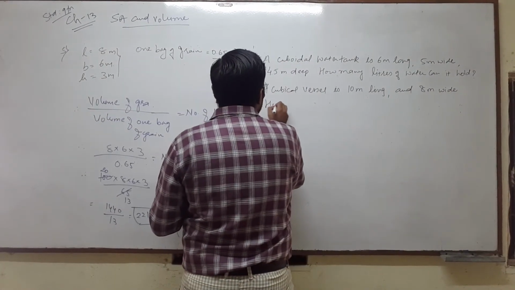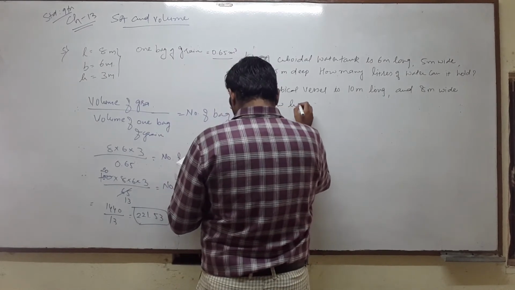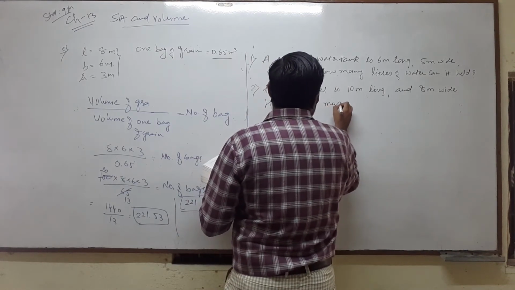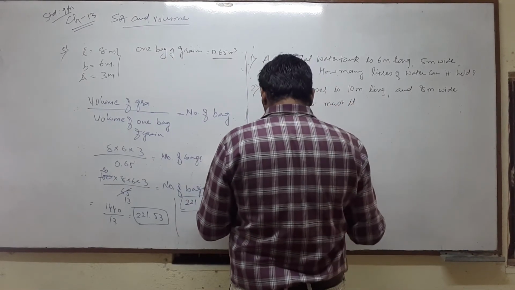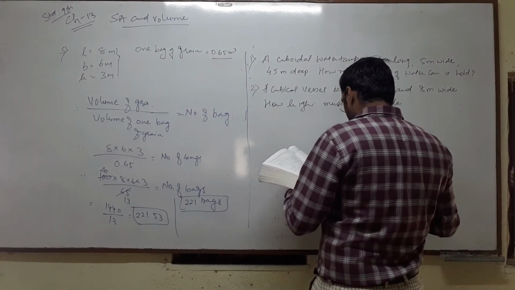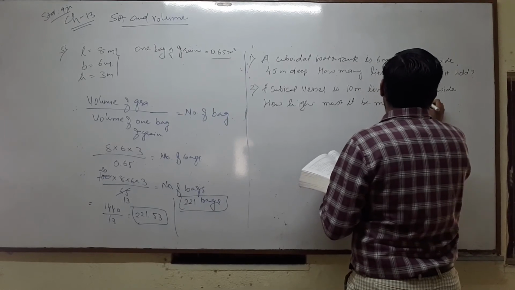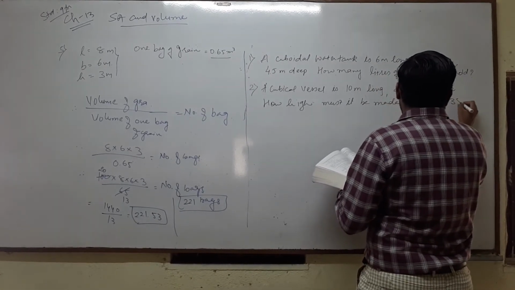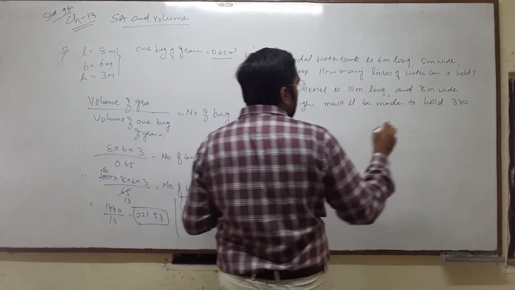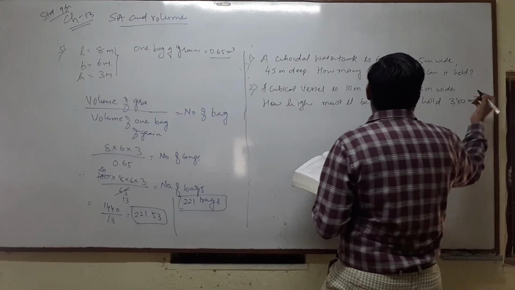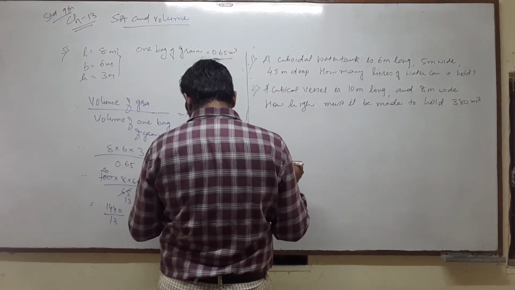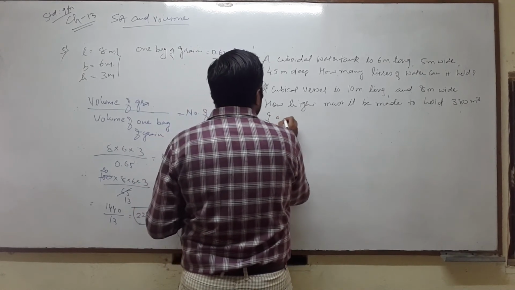How high must it be made to hold 380 cubic meter, that is meter cube, of a liquid?